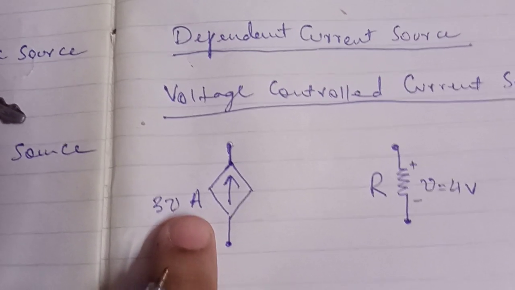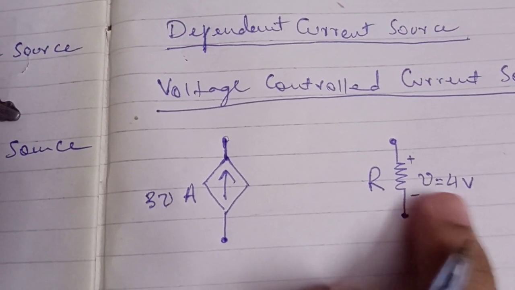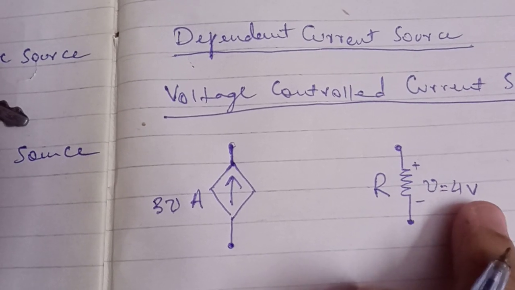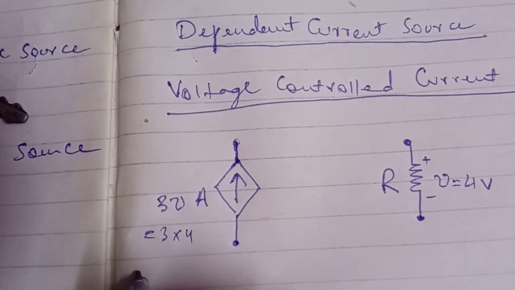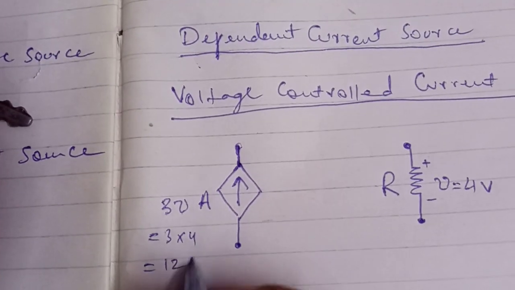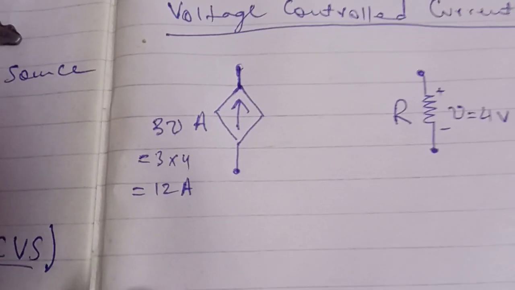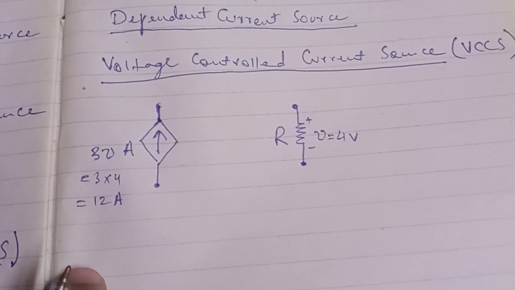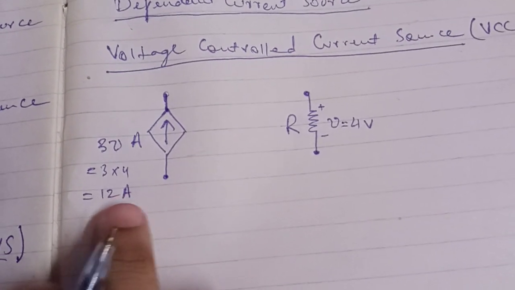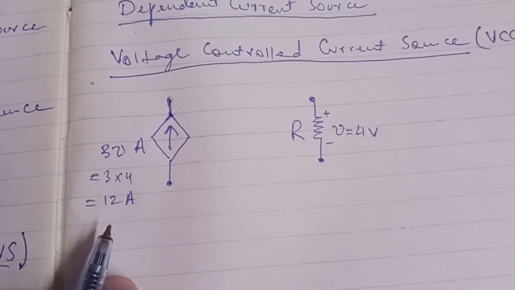What is this V? This V is the voltage across the resistor, 4 volt. So you multiply 4 with 3. 3 multiplied by 4 is equal to 12. So the value of the VCCS, voltage controlled current source, is 12 ampere.